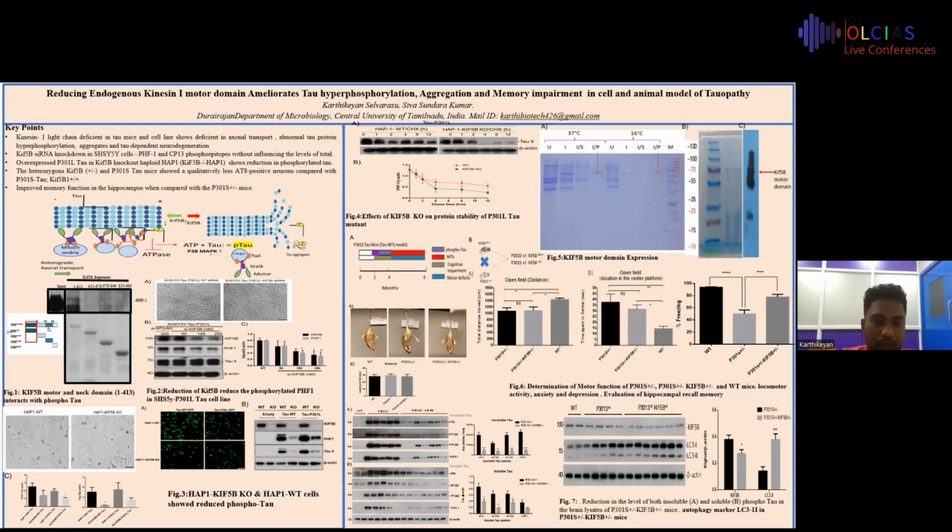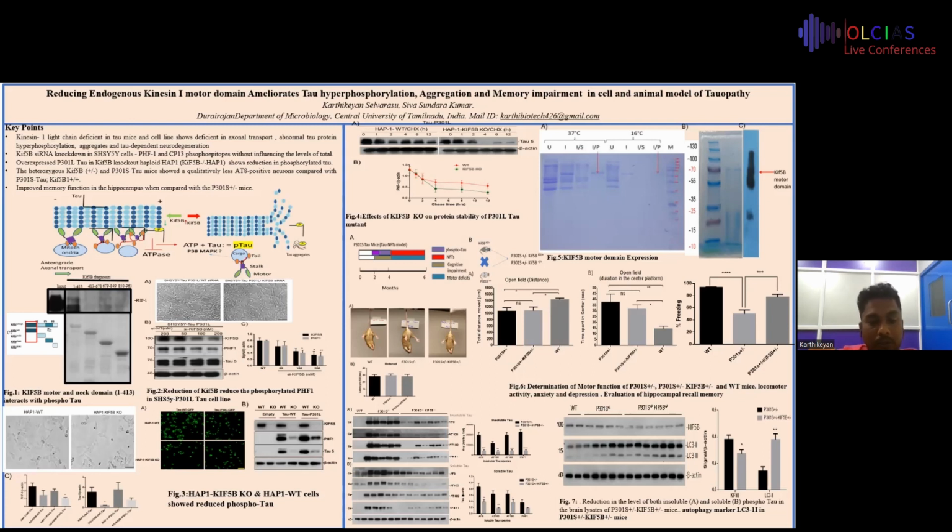Each kinesin is mostly doing the transport mechanism, which means they carry the cargo inside the cells from one end to another end. We call it plus end to minus end or minus end to plus end.